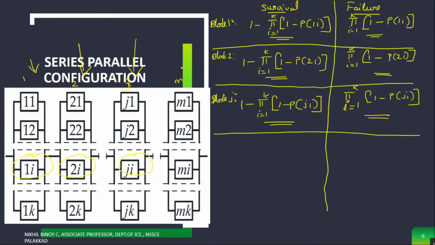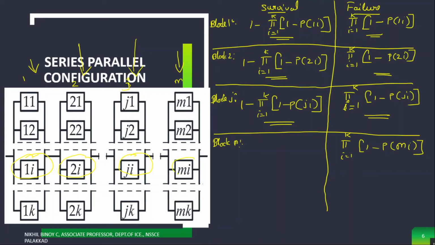Now consider the last block, that is the mth block. By considering block M, we can use the same pattern. The probability of failure of the mth block is the product of I equal to 1 to k of 1 minus P of mi.